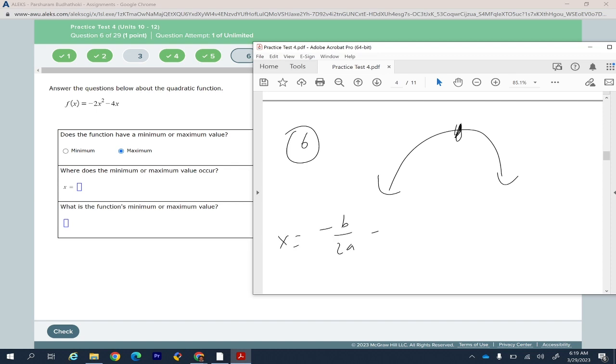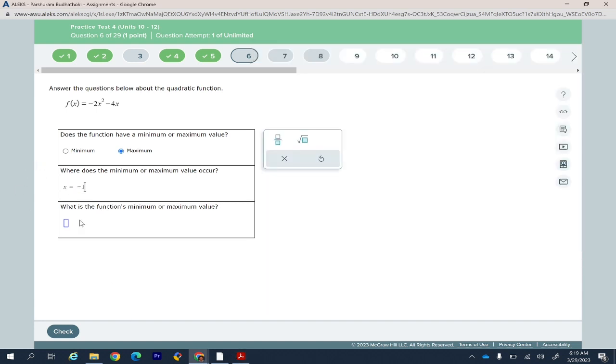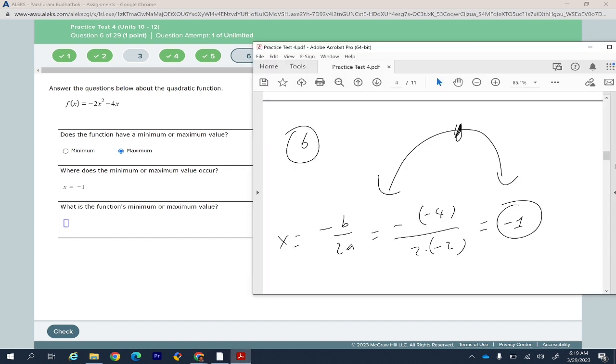When x is negative b over 2a, in this case, b is -4, a is -2, and if you divide 4 by 4 and there is a negative sign, that will give you -1. So when x is -1, that's where you are going to get the maximum value. And what is the maximum value? That's the y coordinate. So when x is -1, what happens to the value of the function?